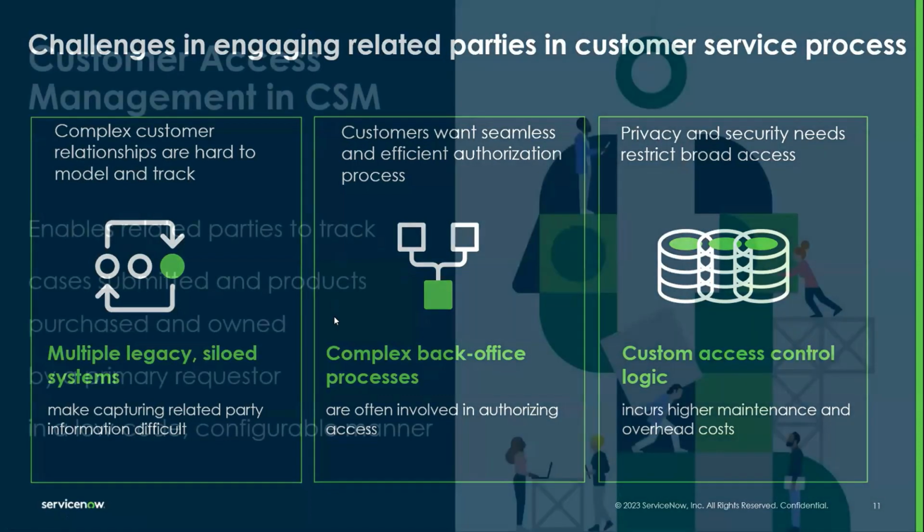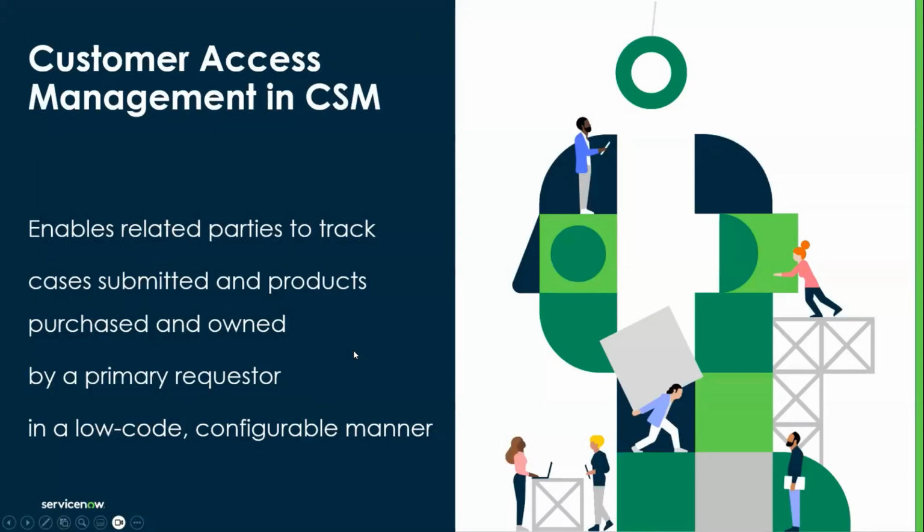So this is where the customer access management capabilities in ServiceNow CSM let businesses enable these related parties to track cases submitted and products that are purchased and owned by a primary requester in a low-code configurable manner.